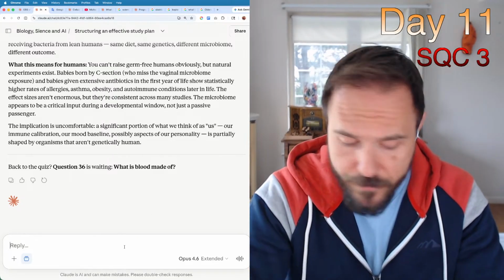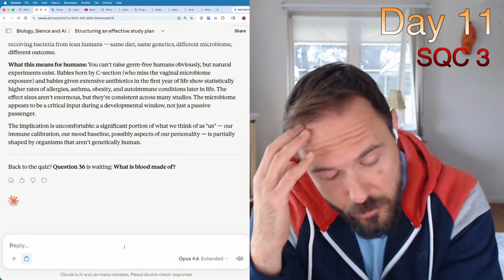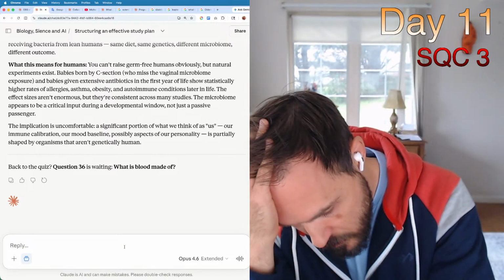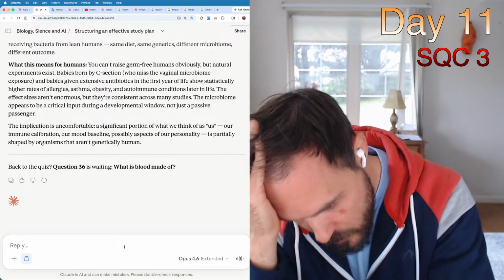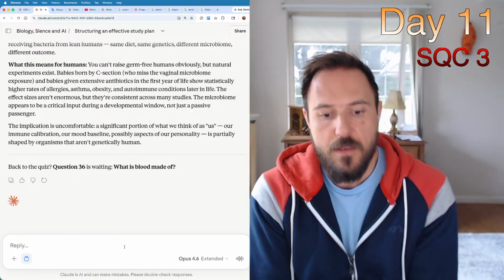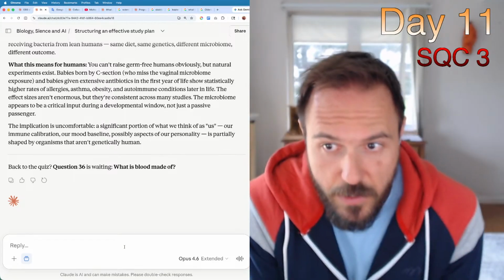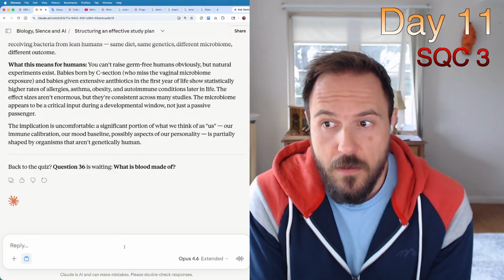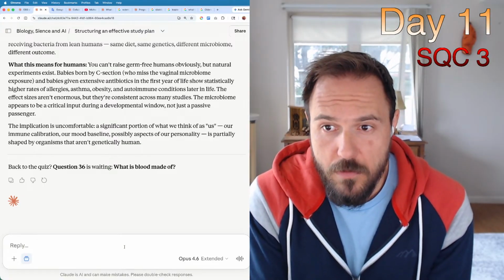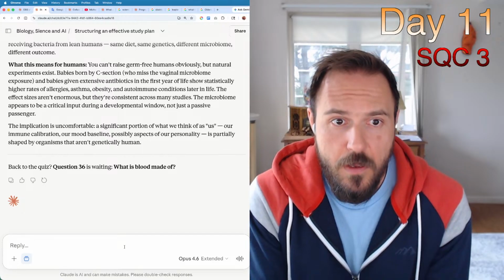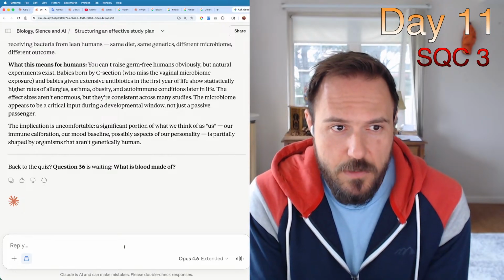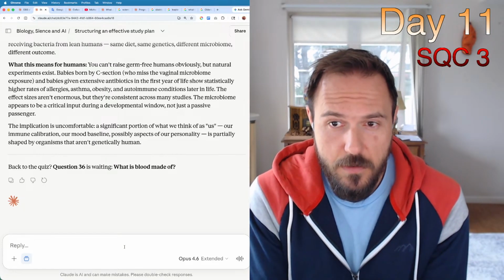Sorry. I think the blood is made of many different cells that are produced in the bone marrow. Some cells are produced in the liver.